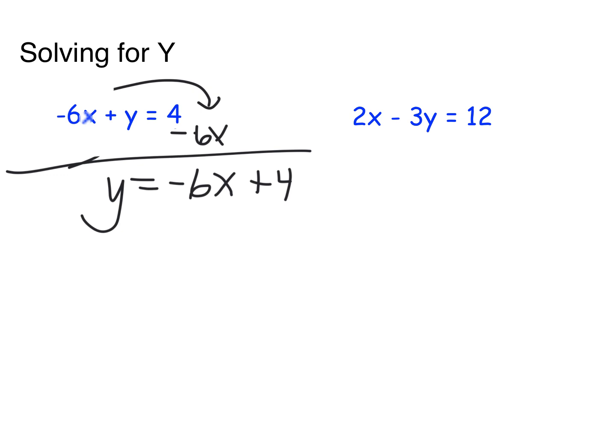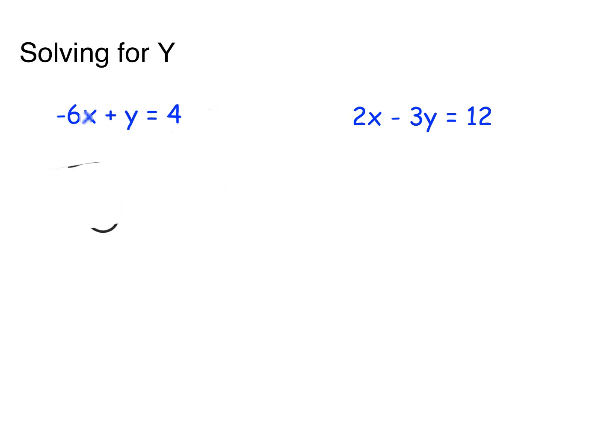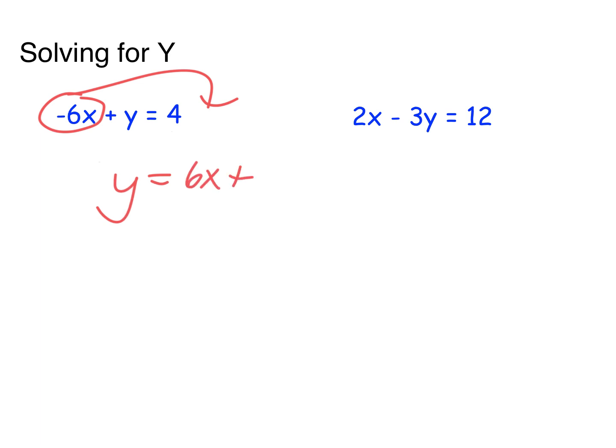That's even another reason to just move it to the other side, like they did in my high school, because you can just change it to the opposite sign. Y equals, and the opposite sign from negative 6x is positive 6x. It's just less work shown. But I showed some work. I showed what I did. I circled this and moved it over there.